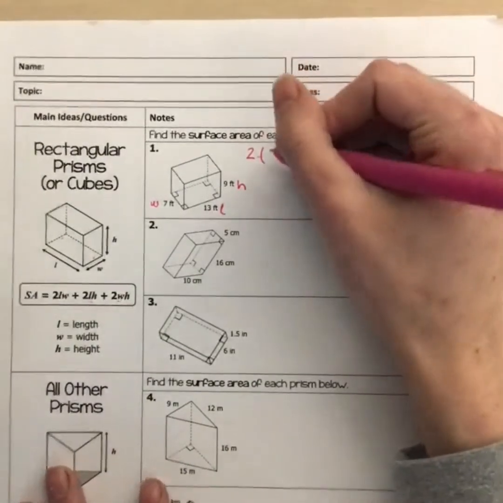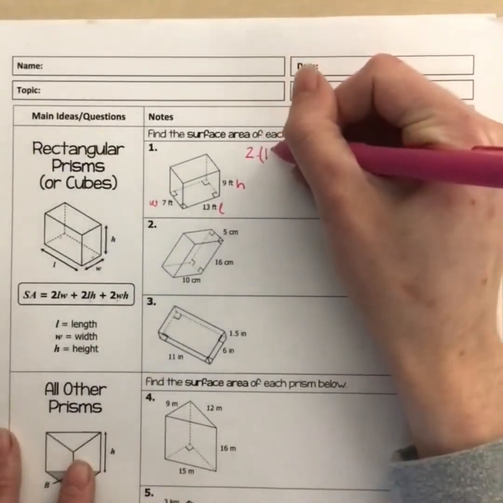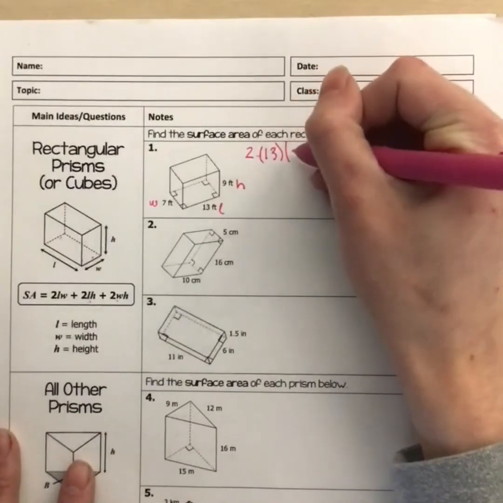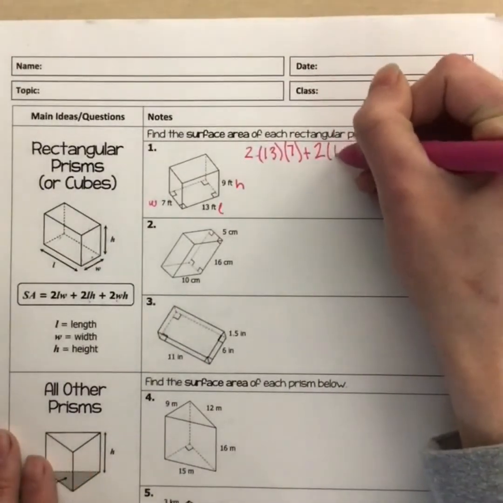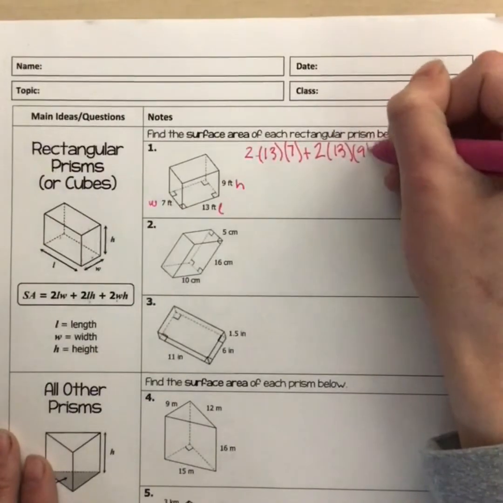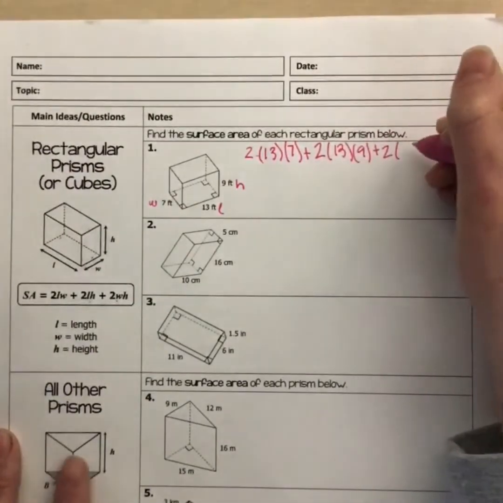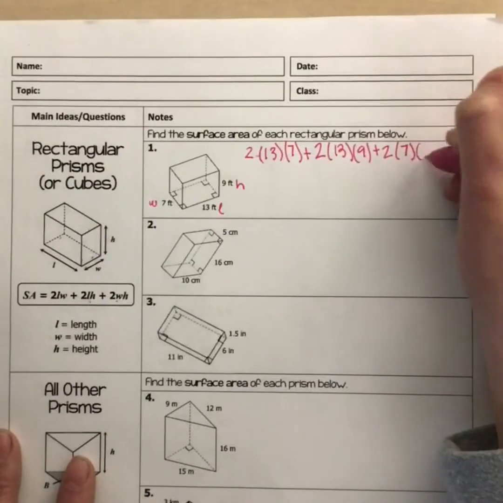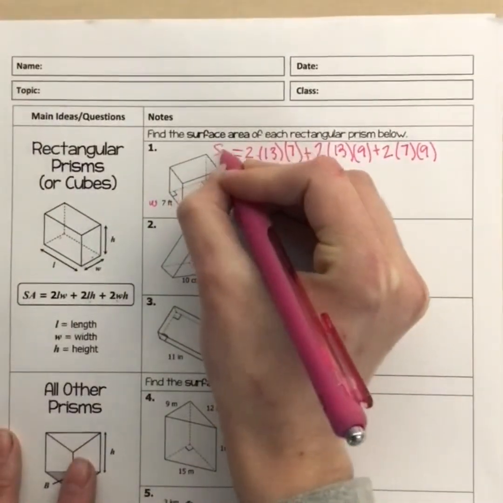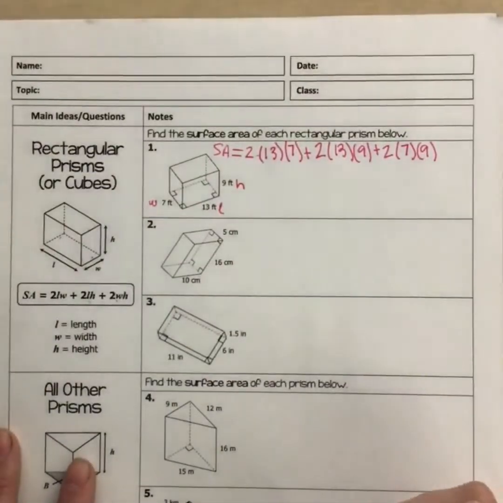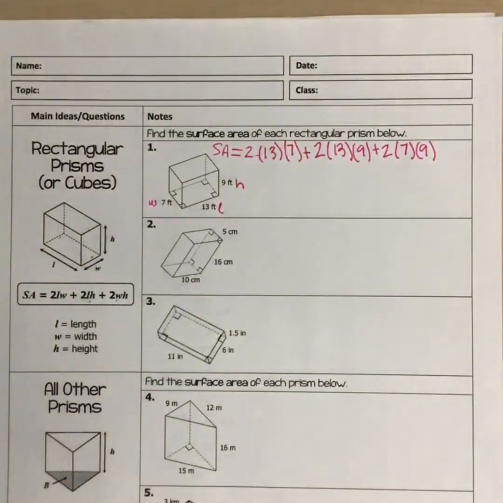In this case, I think this makes the most sense for me. So we'll have 2 times 13 times 7 plus 2 times 13 times 9 plus 2 times 7 times 9. And that's going to give us our surface area. You can multiply all of those together and add them all up in one long continuous line.